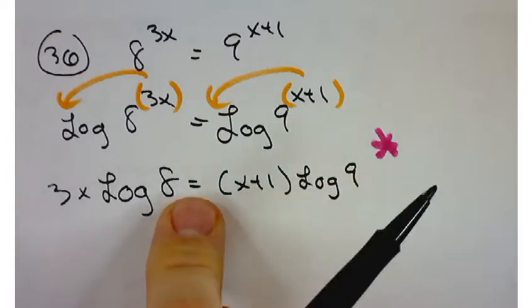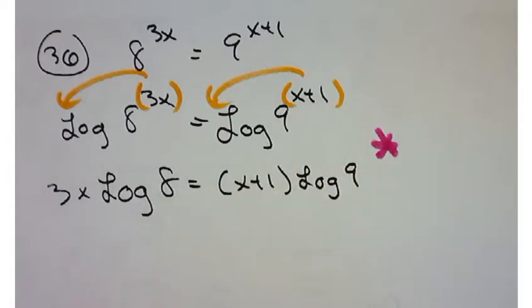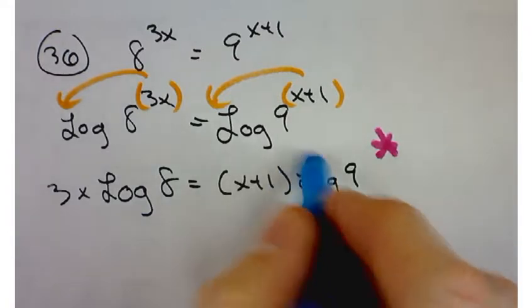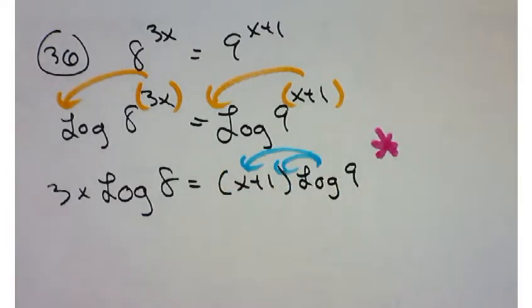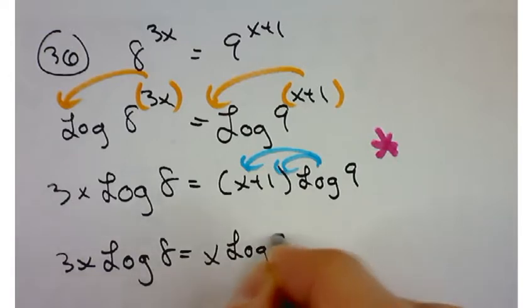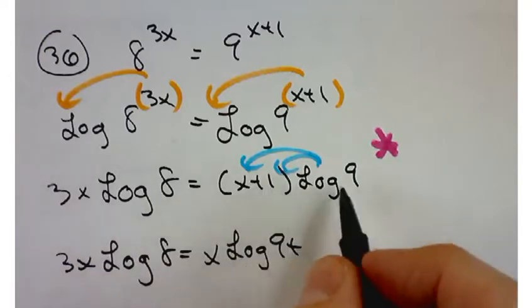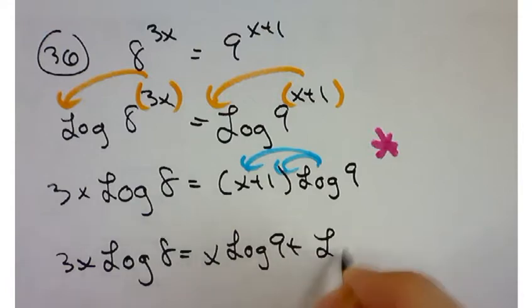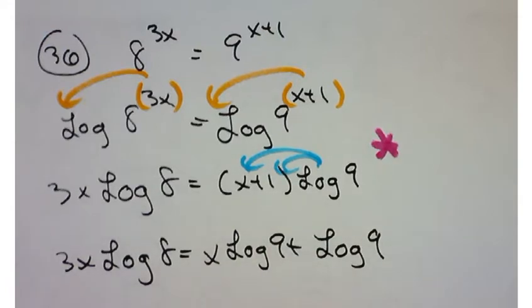We're going to distribute that log of 9 to both of these terms inside. So that's going to distribute itself here and here. That gives me 3x log of 8 equals x log of 9 plus, well, 1 times anything is still itself, right? So it's just going to be plus log of 9.